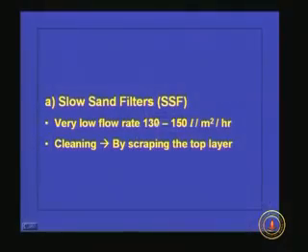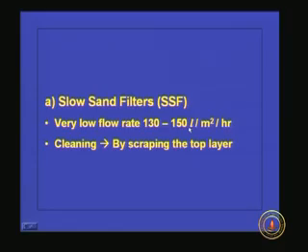And the flow rate of slow sand filter is very low. It is only 130 to 150 liter per meter square per hour, or if you want to have it in linear meters, it varies from 0.1 to 0.2 meter per hour. So, it is very low.